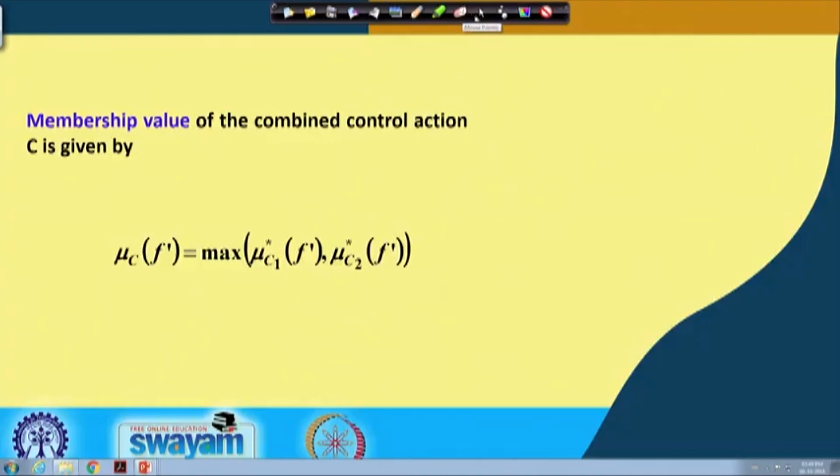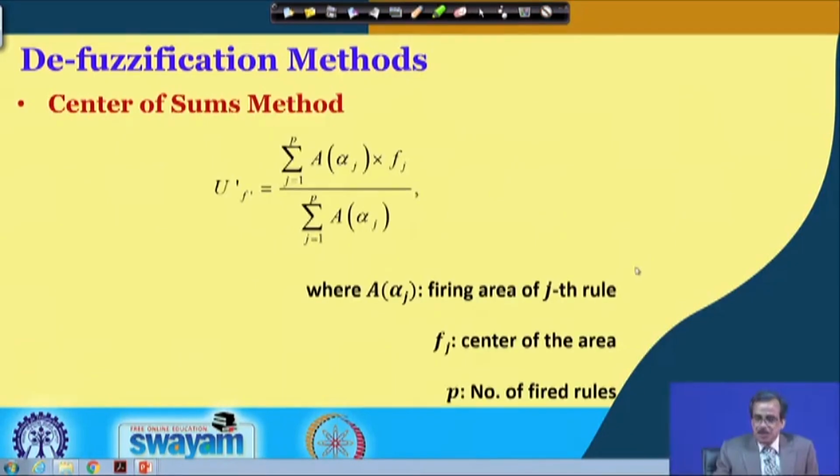But this particular output is nothing but the fuzzified output. So, we will have to take the help of some sort of defuzzification. Now, we are going to discuss the defuzzification methods.